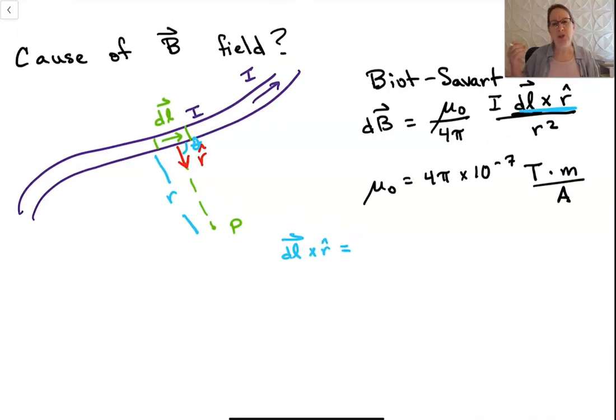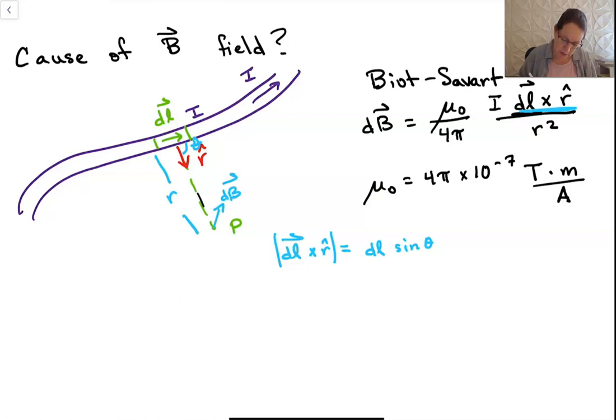Our r hat is just a unit vector, it just tells us a direction, so it has a length of 1. So that is dl times the sine of the angle between them. Sorry, I wrote that as a theta. So sine theta, that's the magnitude of this, and then the direction comes from using our right-hand rule from the cross product. So in this case, that would be into the page. So that would be sort of the direction of our dB.